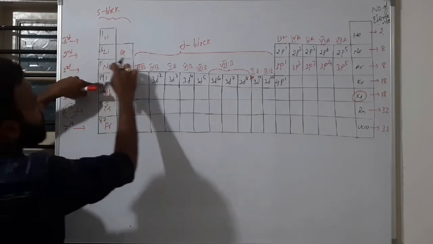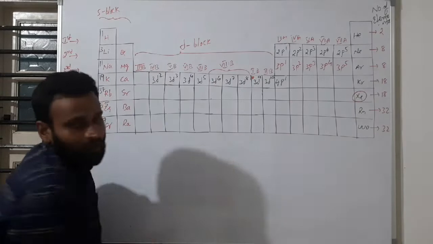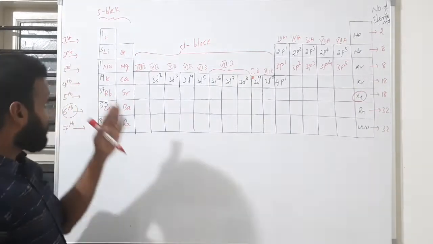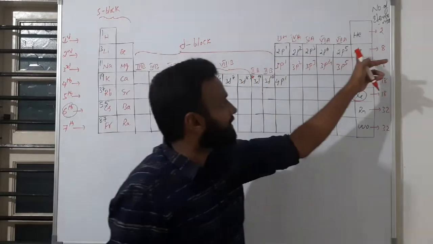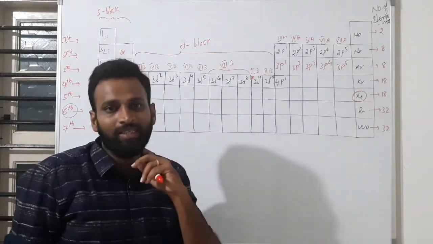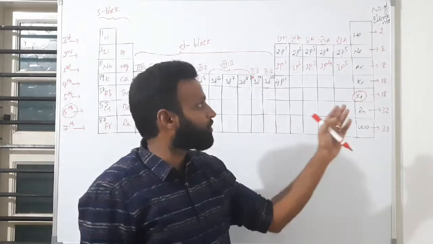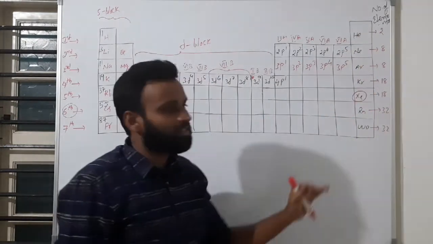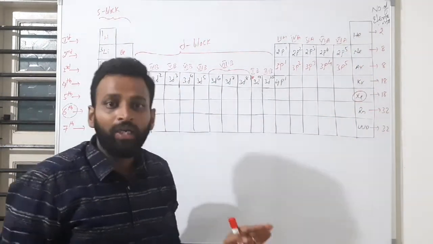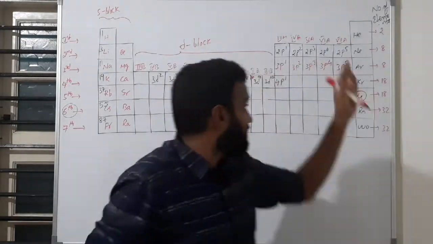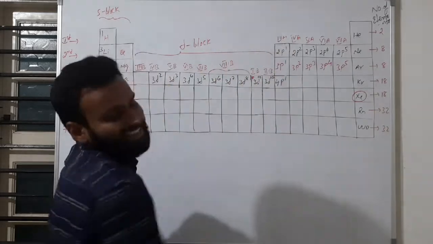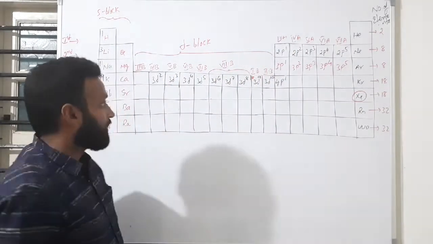Potassium comes after the end of the previous period. In the same period, you have to consider how many elements there are and add those. Then you can easily understand. If you know the atomic numbers of the first and last, the middle will be very easy.